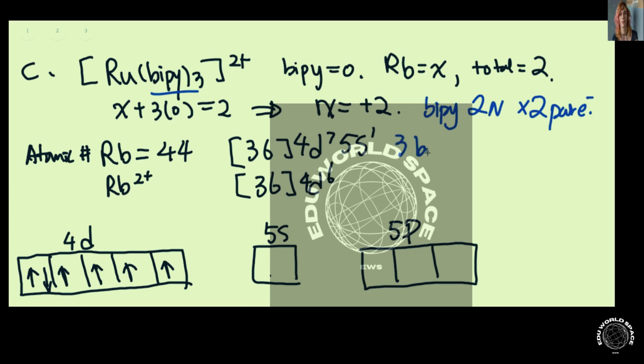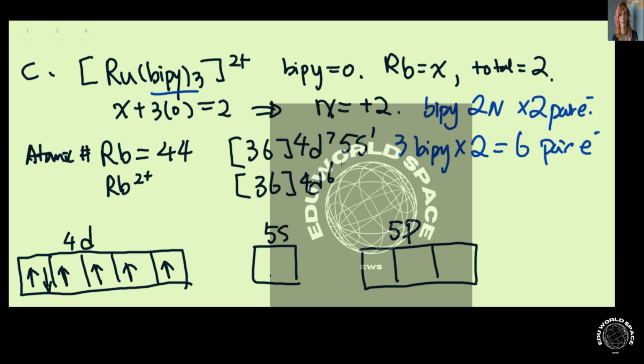So 3 bipyridine will have 6 pairs of electrons in total donated to the center metal, rubidium. All right, so since the bipyridine is a strong ligand, it will force the metal electrons to pair up against Hund's rule.